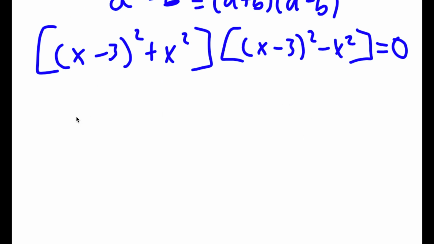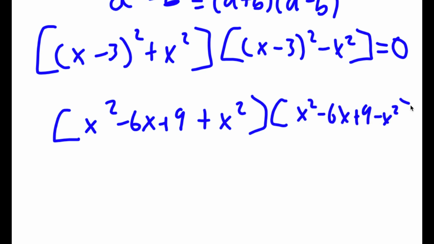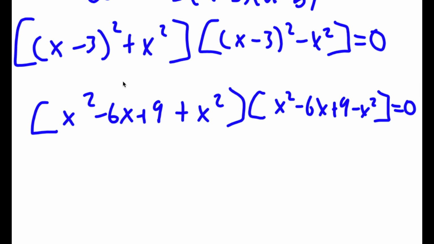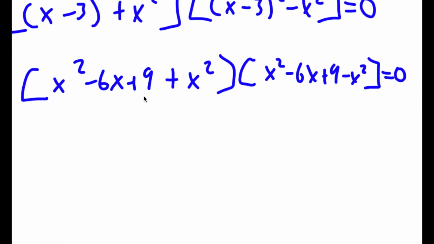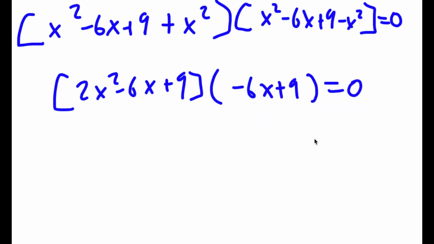And now this is the same thing as x squared minus 6x plus 9 plus x squared times x squared minus 6x plus 9 minus x squared is equal to 0, because I just expanded x minus 3 squared. So now I'm going to simplify this to 2x squared minus 6x plus 9 times negative 6x plus 9 is equal to 0.